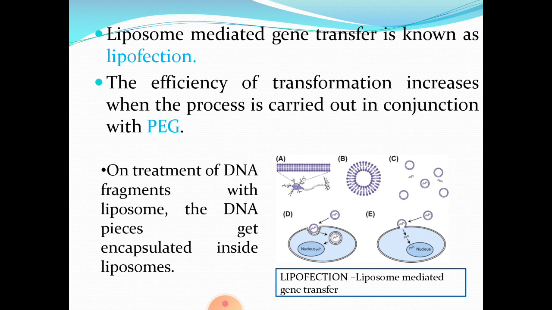So the DNA fragments need to be treated with liposome, figure C. So the DNA pieces get encapsulated inside the liposomes, and in figure D you can see that the liposomes fuse with the plasma membrane of the cell and they manage to get into the cytoplasm of the cell. In the next diagram you can see the DNA piece gets into the nucleus. This is what exactly happens during liposuction.